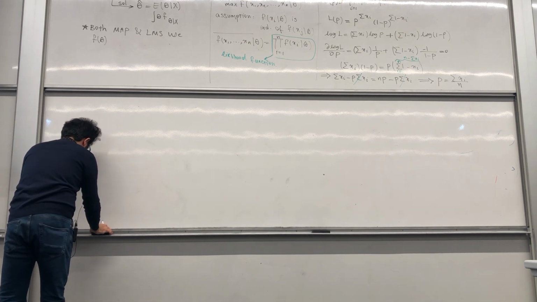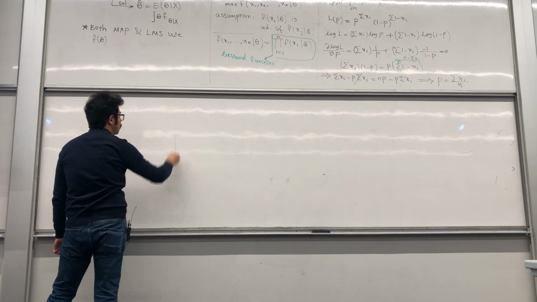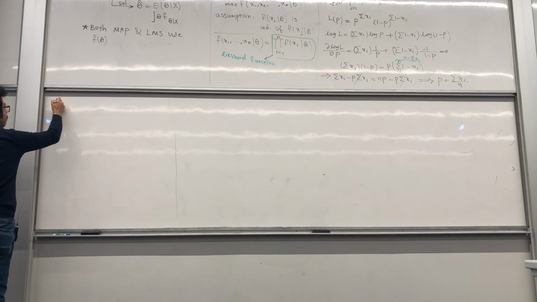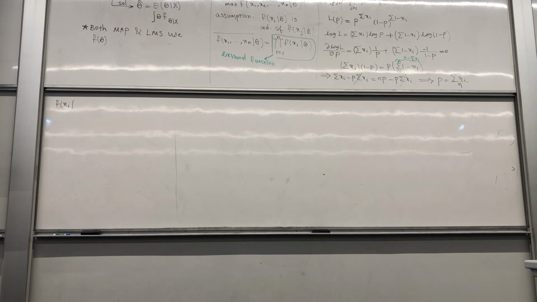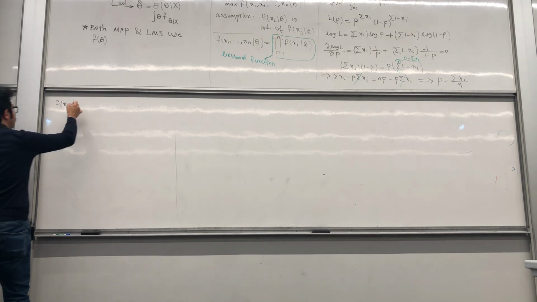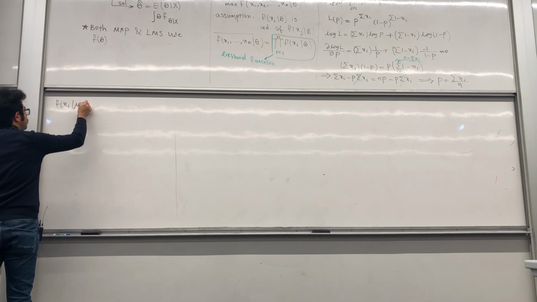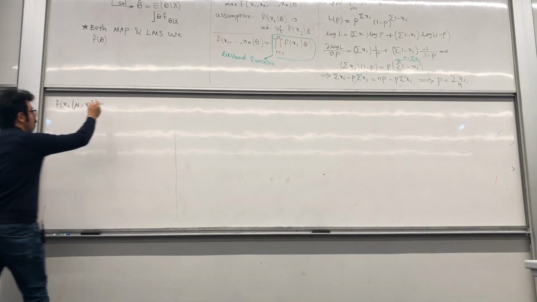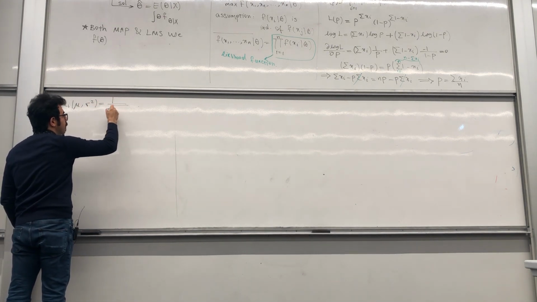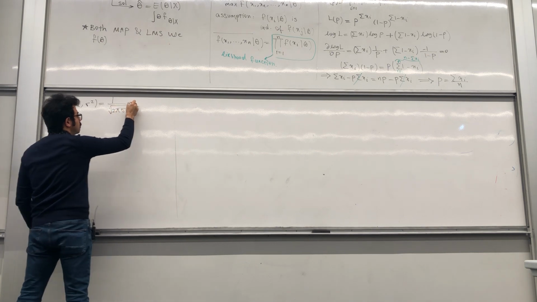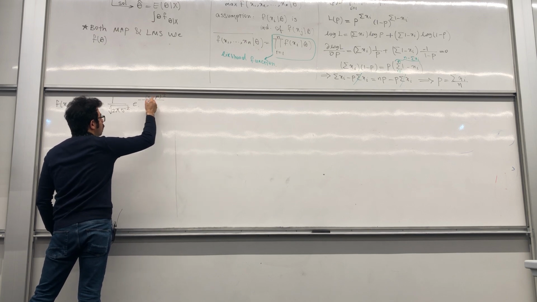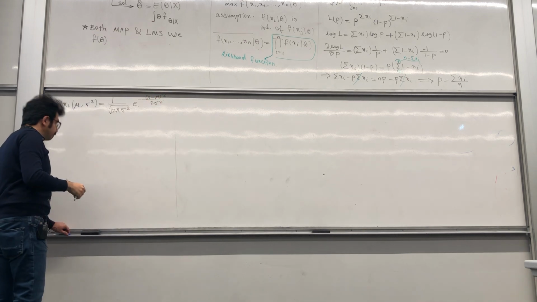So based on the information given in the question, f of xi conditioned on mu and sigma squared depends on two parameters. They're coming from a normal distribution, so f of xi conditioned on mu and sigma squared is equal to 1 over root of 2 pi sigma squared times e to the power of minus (x minus mu) to the power of 2 over 2 sigma squared.